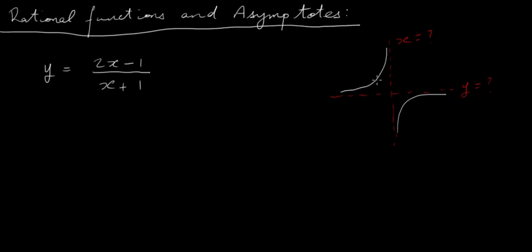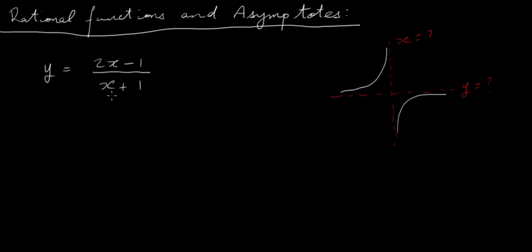Now, our vertical asymptote will be a line that the curves approach but never reach. So in other words, there is no value of y that will result from putting in a particular value of x here.